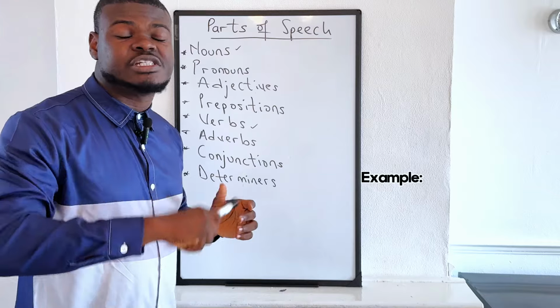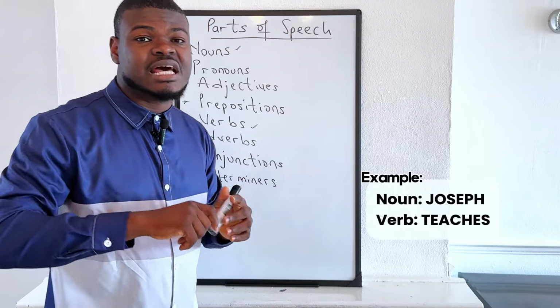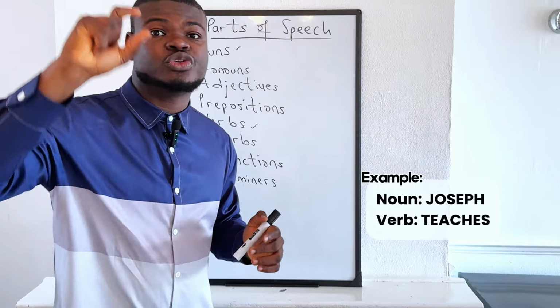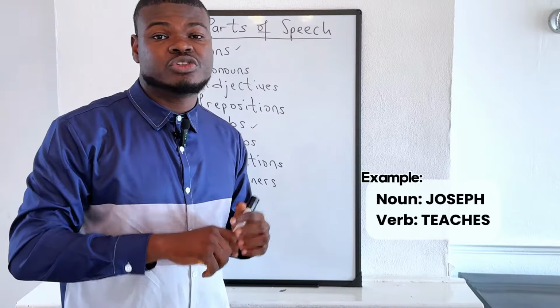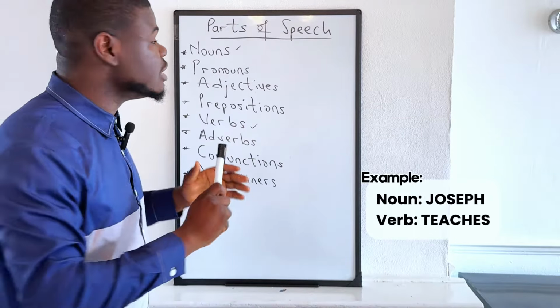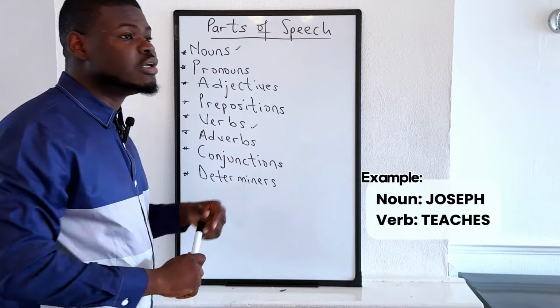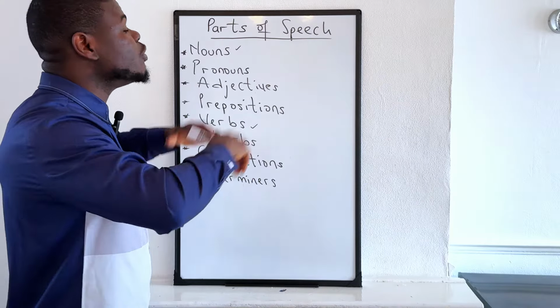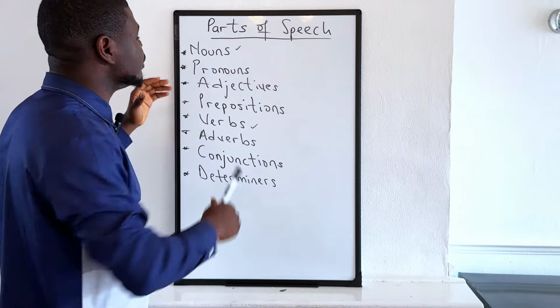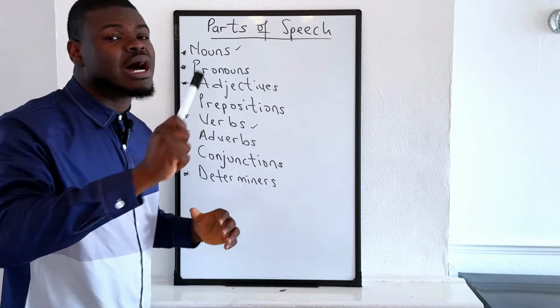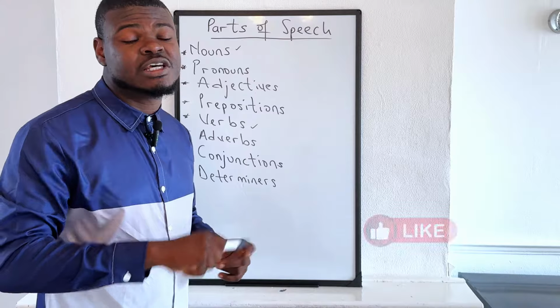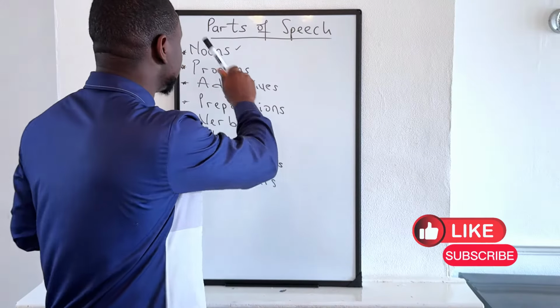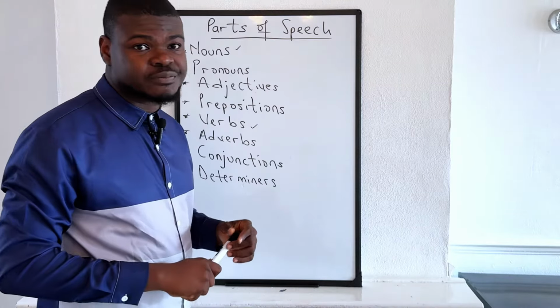Joseph teaches. That is a sentence that comprises just two words. Joseph is a noun, teaches is a verb. So you can make many sentences without necessarily using every other word, but hardly would you make a sentence without using nouns and verbs.